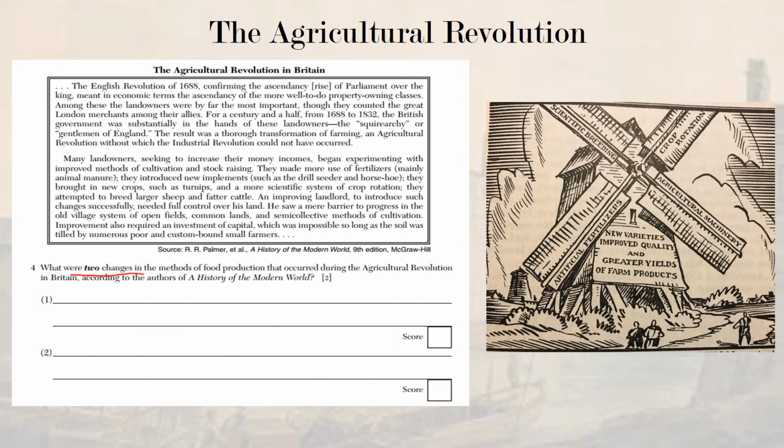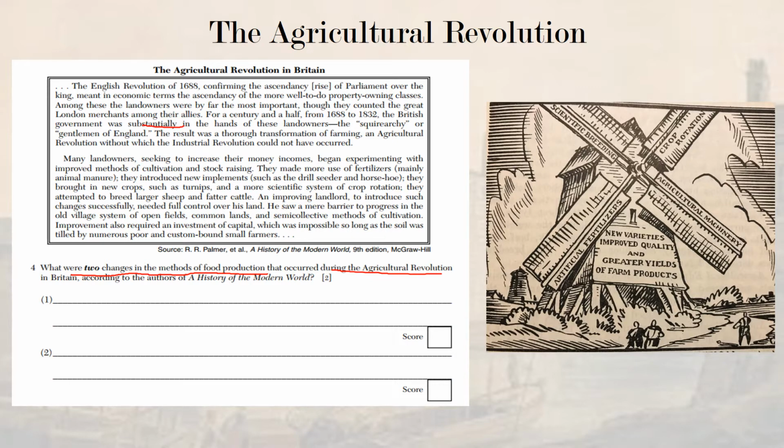What were two changes of the methods of food production that occurred during the Agricultural Revolution, according to the authors of History of a Modern World? The English Revolution of 1688, confirming the ascendancy of Parliament over the king, meant in economic terms the ascendancy of the more well-to-do property-owning classes. Amongst these were the landowners, by far the most important, though they counted the great London merchants among their allies.